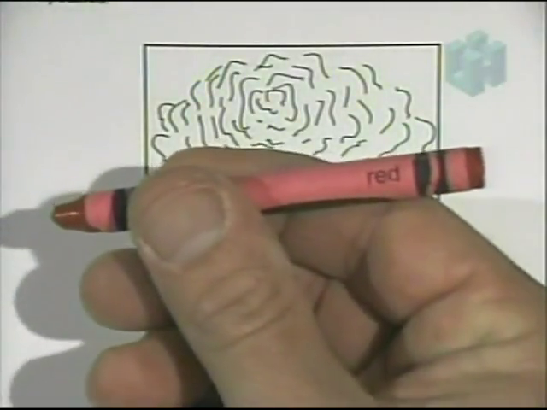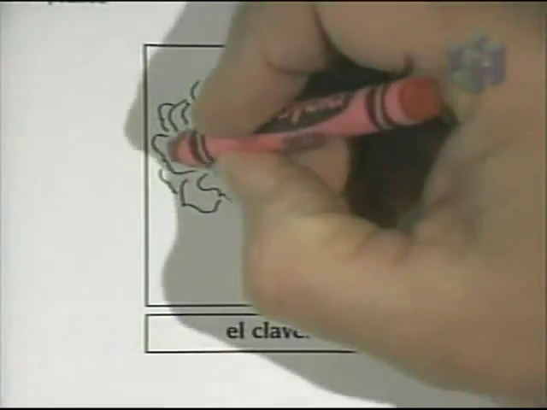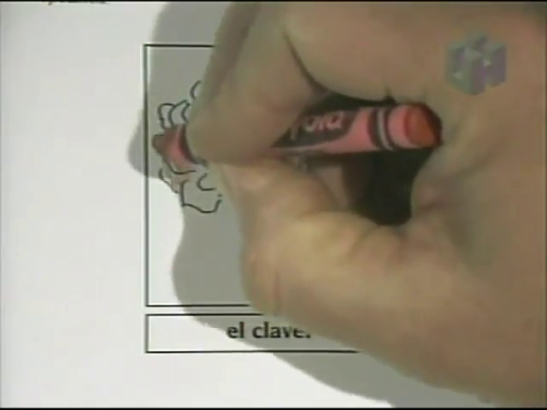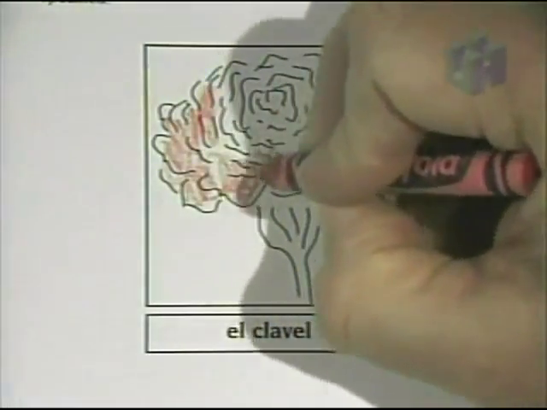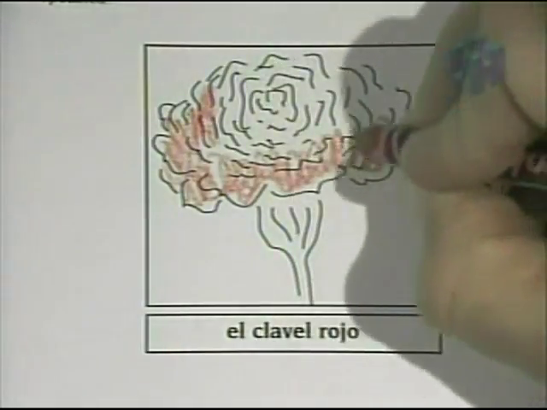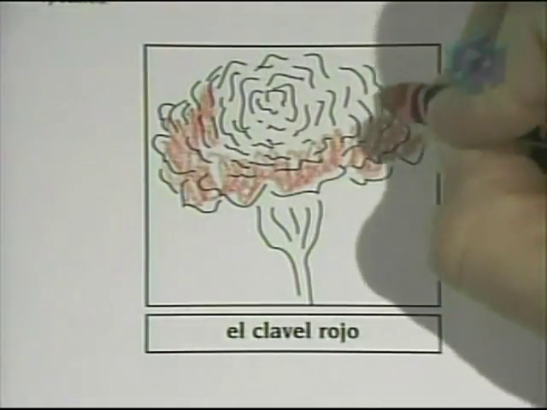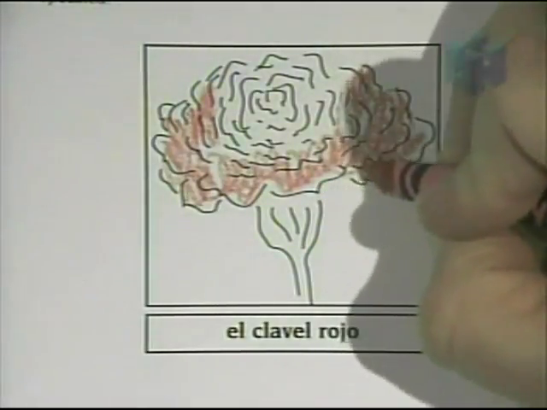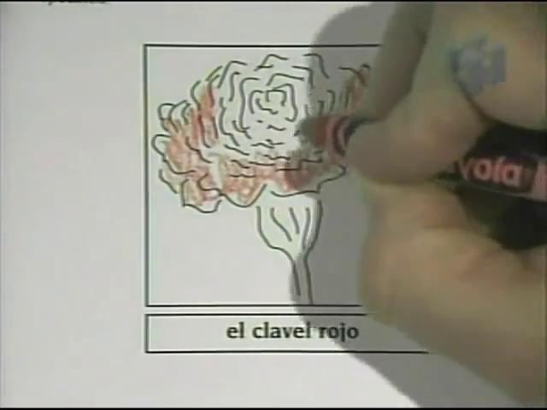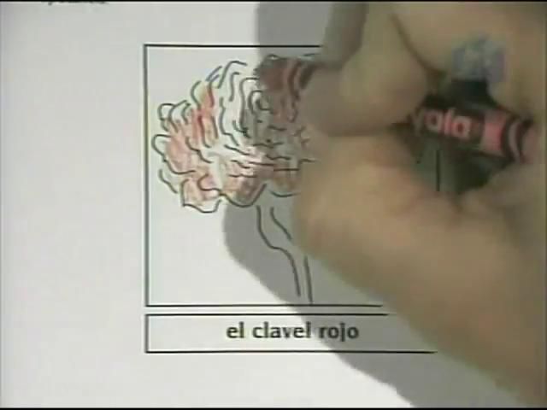And I've got my rojo right here to color this. Now I'm not going to color the stem right now because I might want to come back later and color the stem a different color because I don't think that the stem on the clavel, on the carnation, is rojo.